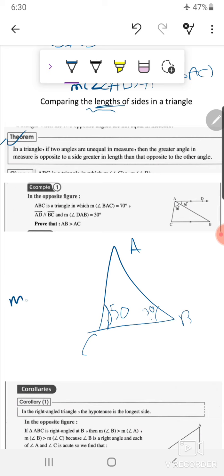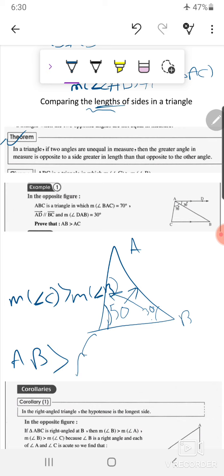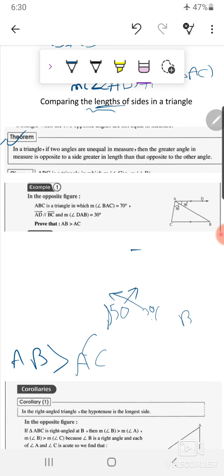So the side opposite is greater than the other side. Which side? The opposite side. Here you have 50, the opposite of AB, greater than 30, which is opposite AC. Understand?